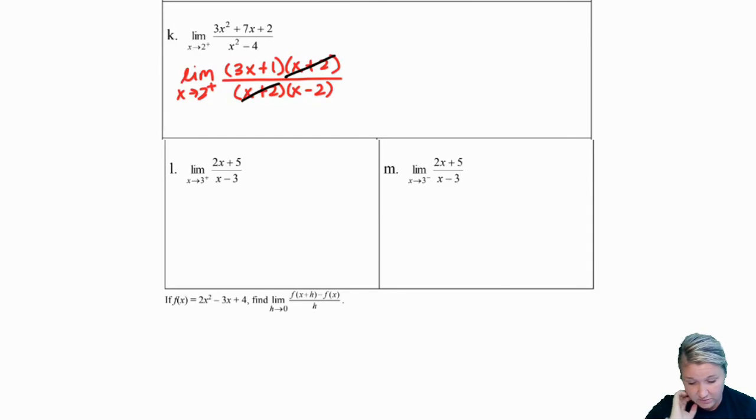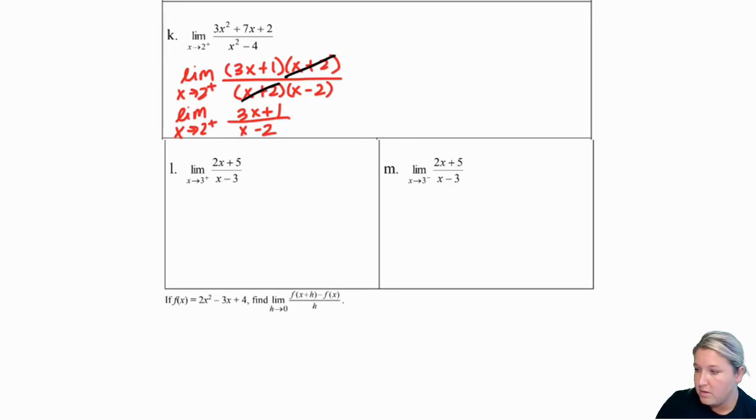These divide out, and so I'm left with 3x plus 1 over x minus 2.